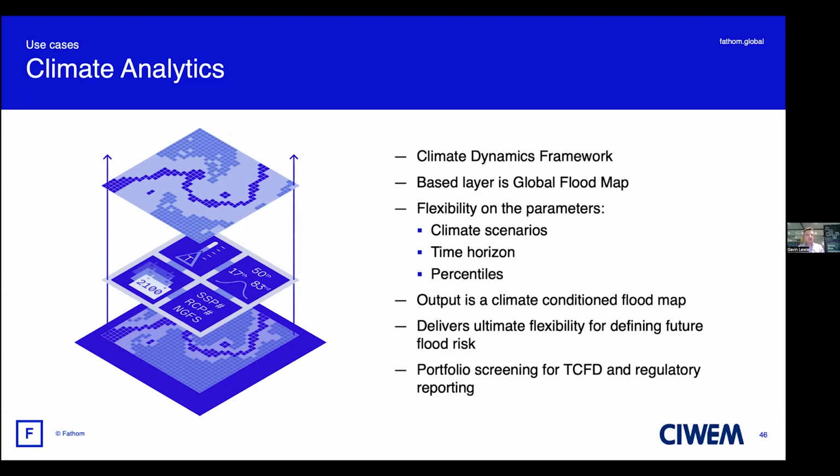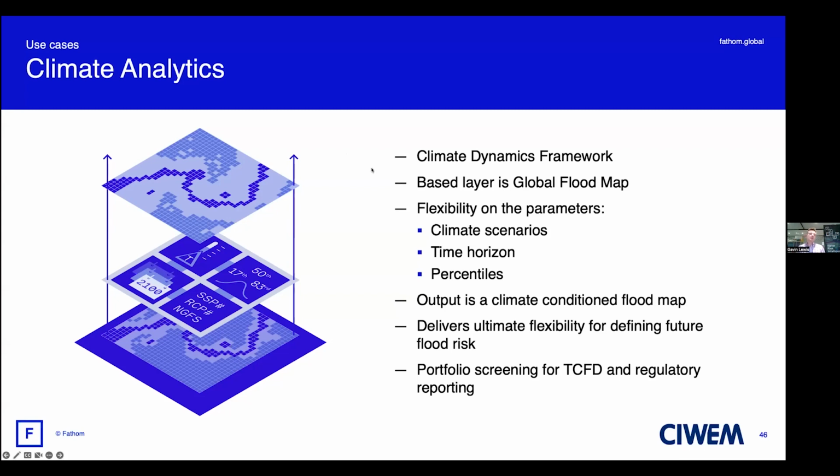And essentially it starts with the underlying global flood map, and then users can basically input their elements for their range of parameters, whether that's the particular climate scenarios, time horizons, or percentiles to get an understanding of uncertainty in the models.